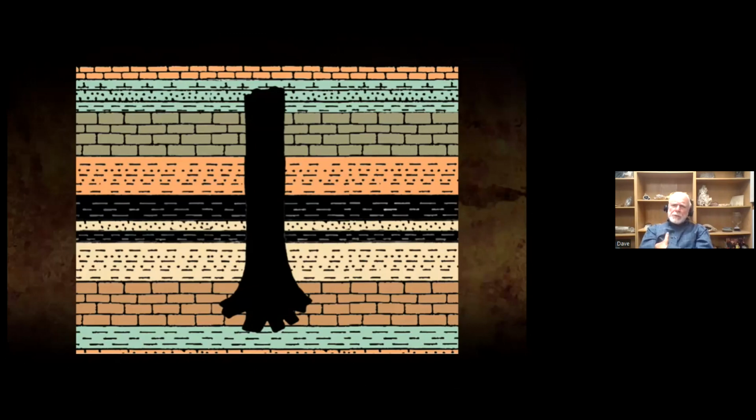What do you do when you find one petrified tree penetrating all the way through all of your pancake layers of rock? You realize if that tree is not decayed, which it isn't, that means it was buried very, very rapidly. And the standard geological interpretation of these layers being millions of years could not happen because that tree would have rotted.